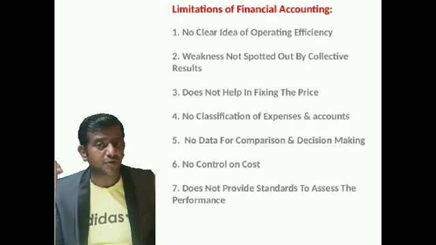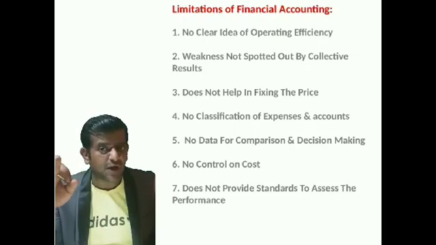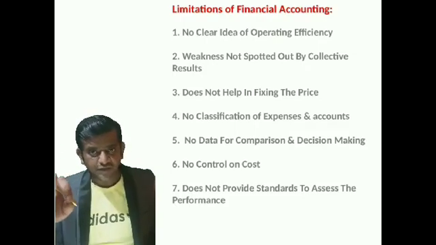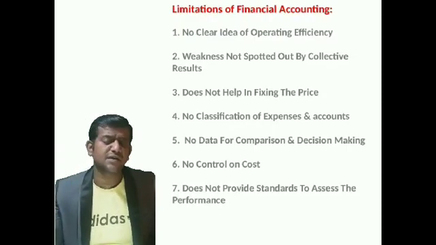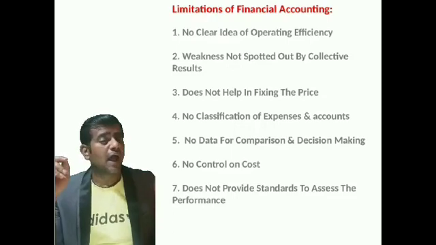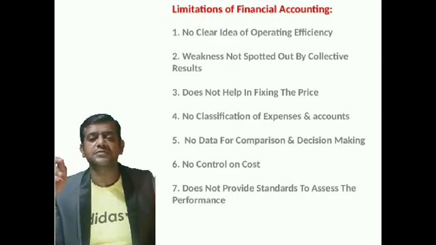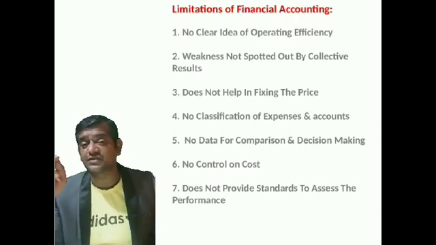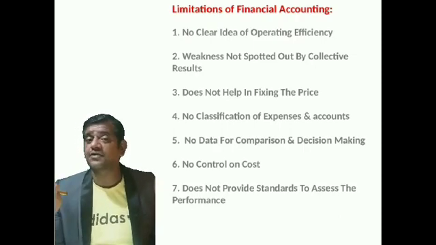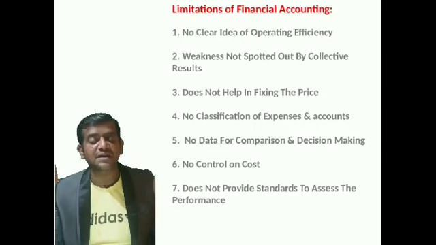So if I get to know exactly the cost of each stage, I can control some of the cost, because financial accounting does not give any clarity about the cost. So obviously that is also one of the most important disadvantages. That led to the development of cost accounting.